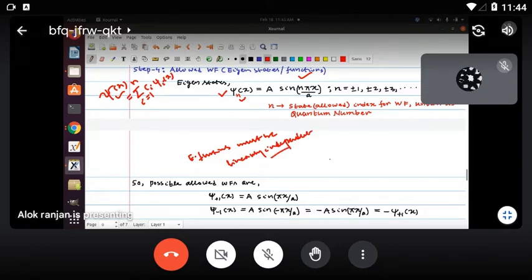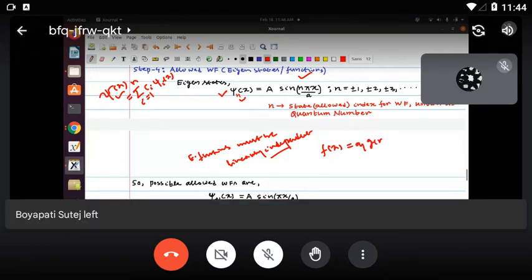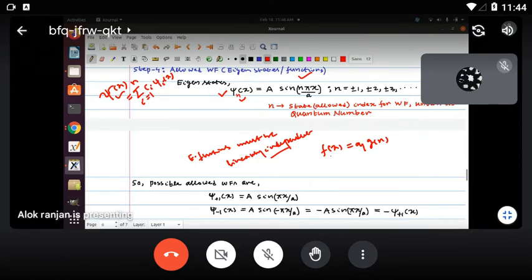It means, in mathematical language, let's say we have a function f(x). If we can write f(x) equal to a1 g(x), this means f(x) and g(x) are dependent.